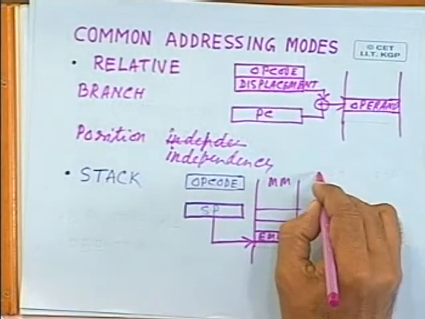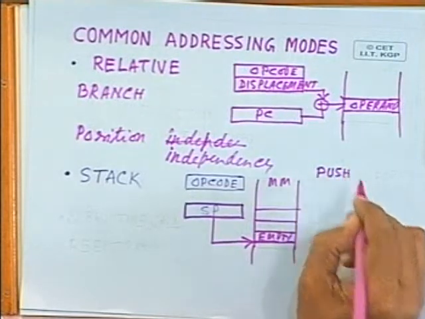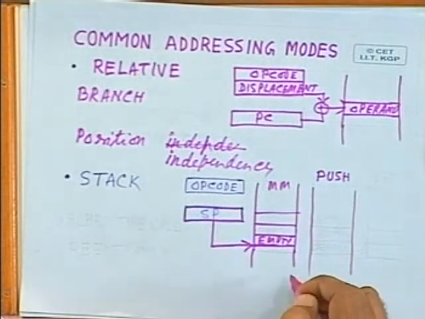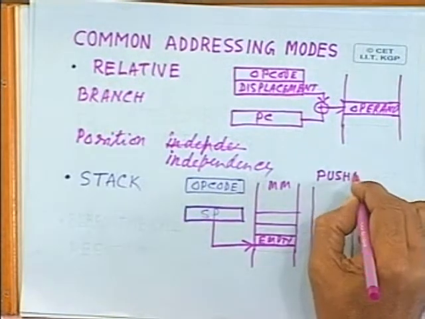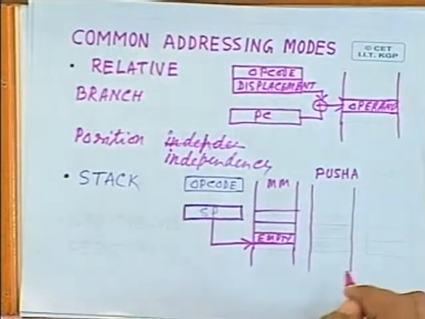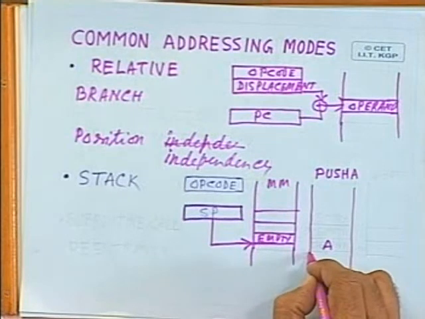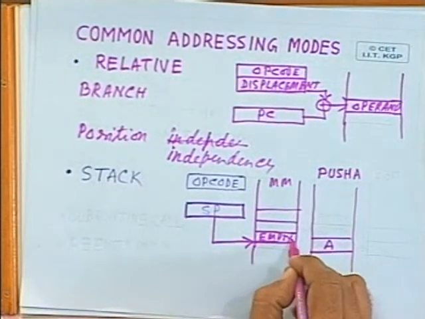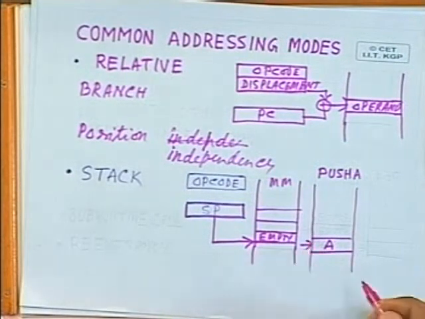Now, suppose you execute one instruction known as push. Whenever you execute the push instruction, say push A, an operand value is stored in this empty location. So operand A will now be in that location, and the stack pointer will point to this location.